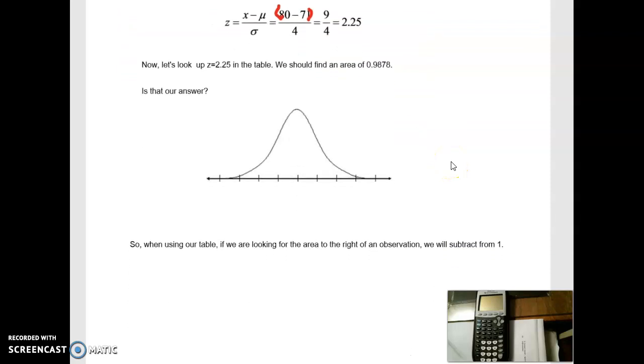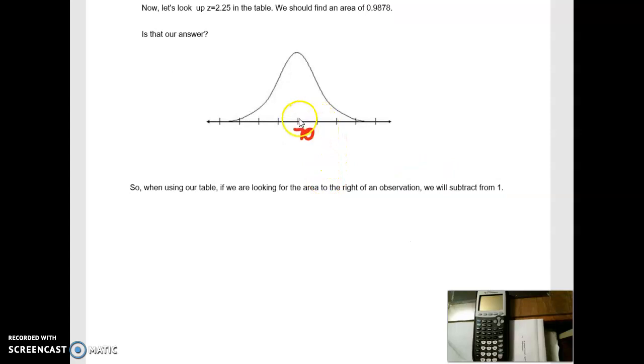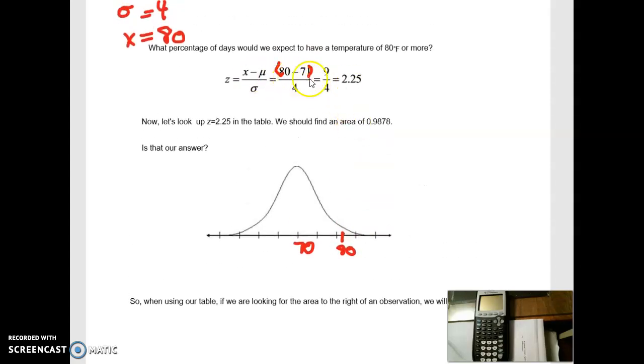So if I come down here, remember that 71 is right here in the middle, and we're looking at 80. The standard deviation is 4, so the first one would be 75, and adding 4 again would give me 79, which means 80 is going to fall somewhere up in this area. When we did the calculation for the z, we found it's 2.25.